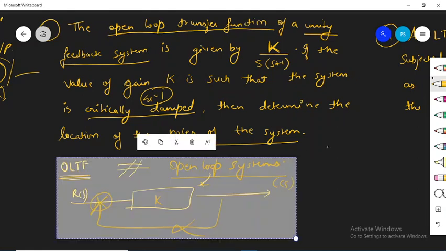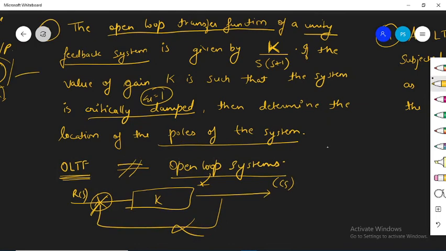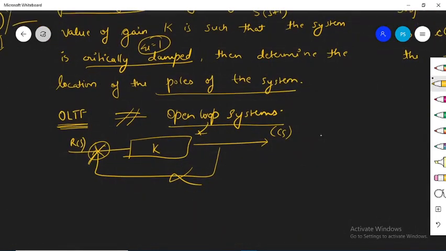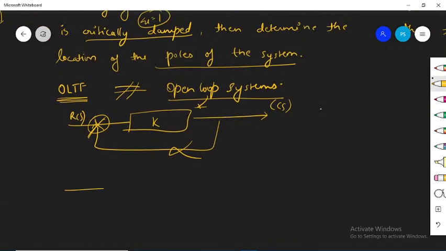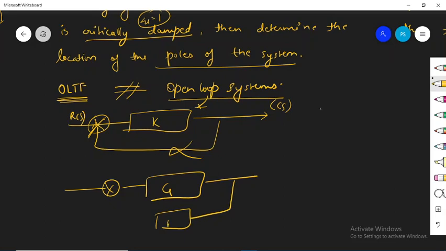Open loop transfer function means that you have got a feedback system, you have got a closed loop system. For example, we can have a closed loop system with the gain G and the feedback path gain as H. This is the closed loop system. But when we talk about the open loop transfer function, what we do is open this loop up. Okay, you open this loop and then you find the transfer function.